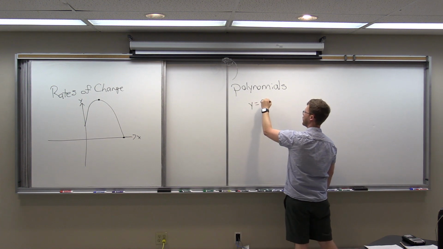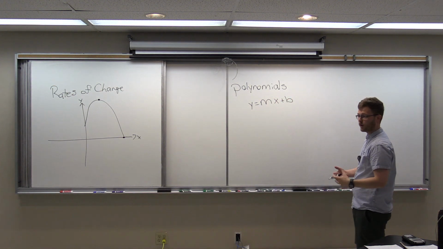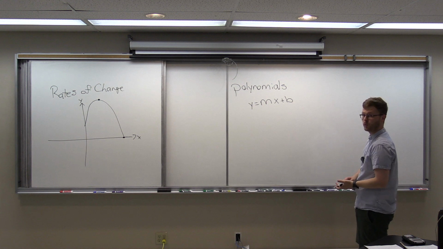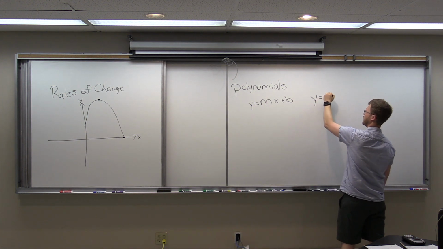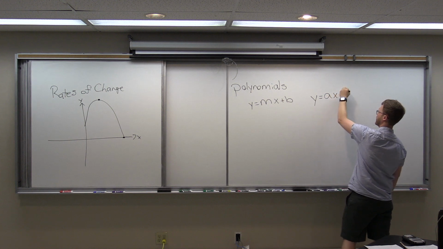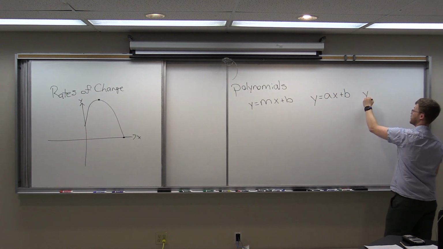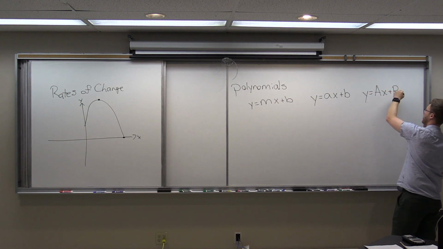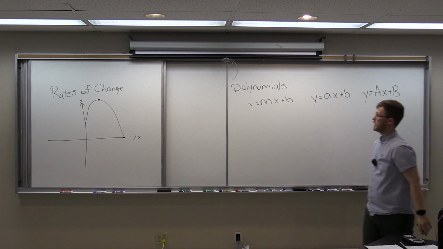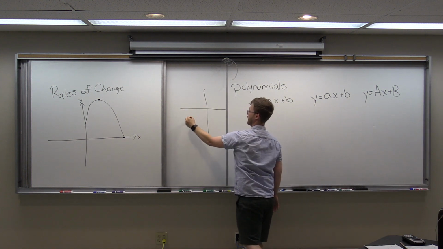These should look familiar to you. y equals mx plus b, that's kind of our first equation that we learn when we're graphing things. Equivalently, you can change the letters around. The names of the variables don't matter so much. y equals ax plus b is common. Sometimes you'll see the capitalized form with y equals capital A x plus b. But it's all alluding to the same idea, something that is going to look roughly like this.